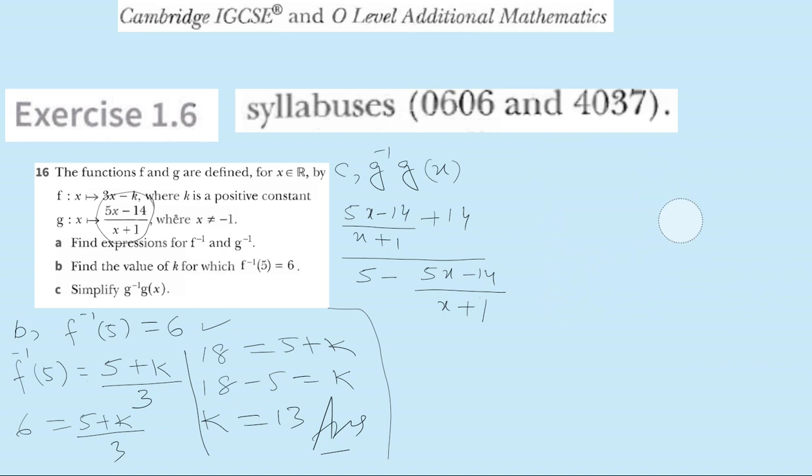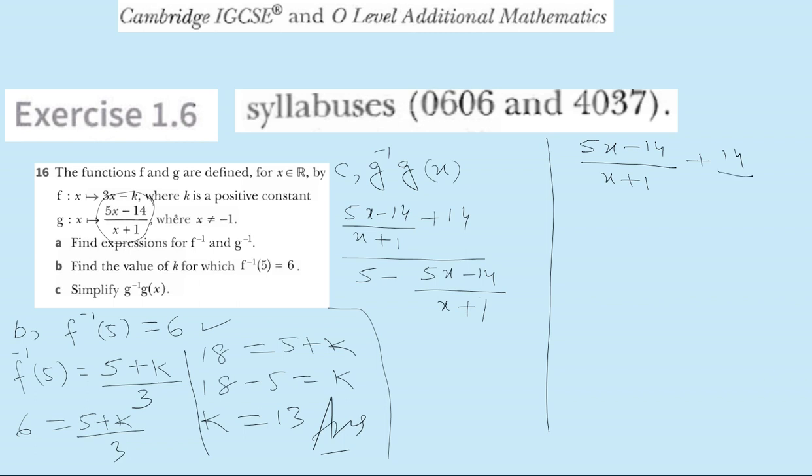Now we have to simplify. First we have to simplify, look carefully. I am taking this denominator: 5x minus 14 upon x plus 1 plus 14. What is the denominator of this 14?